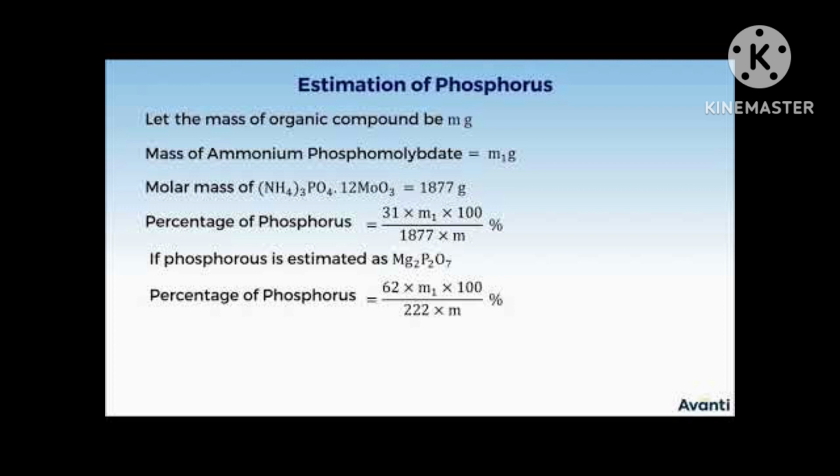Correct? M gram organic compound gives Z gram sulfur. Then 1 gram, how much? Z divided by M. Then 100 will go up.